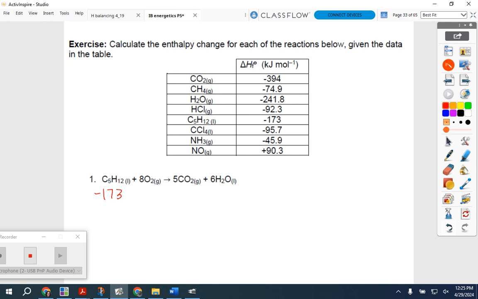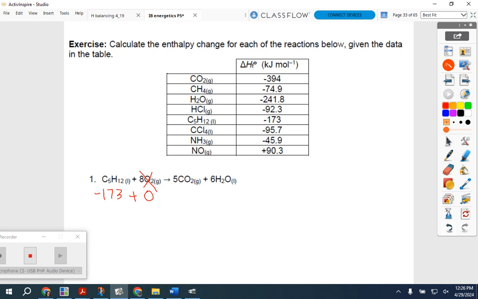Why don't we have a delta Hf for O2? Yeah, it's 0, right. It's because O2 gas is already the standard state for oxygen. So this we don't even have to consider. We could call it 0.